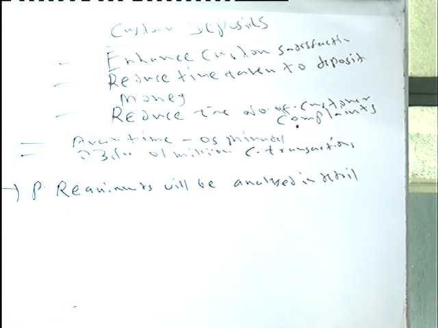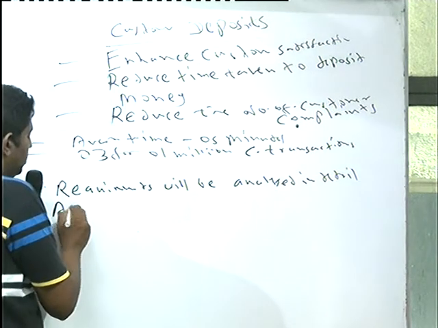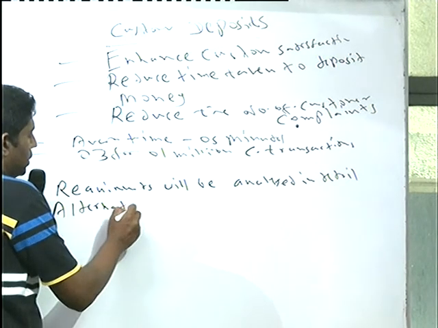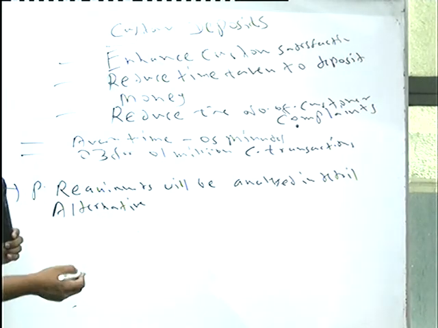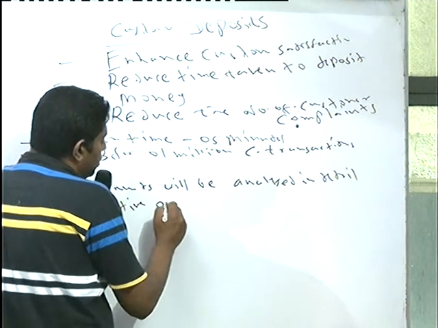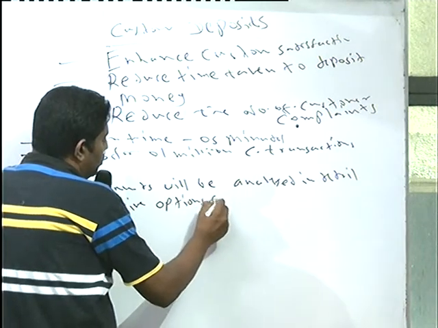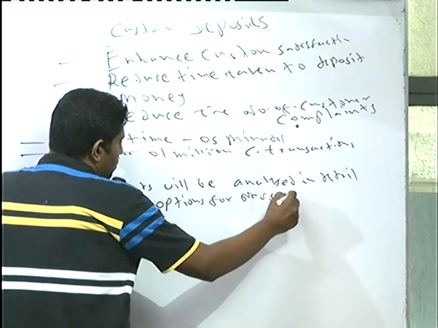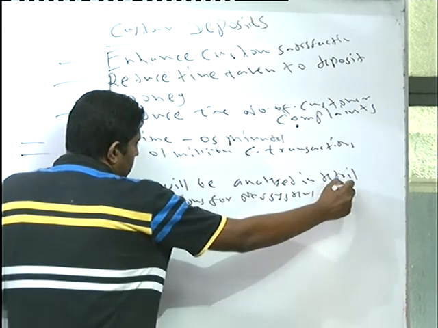And not only that, here we'll identify the possible alternative options we have to design the new system. Alternative options for the new process will be considered.